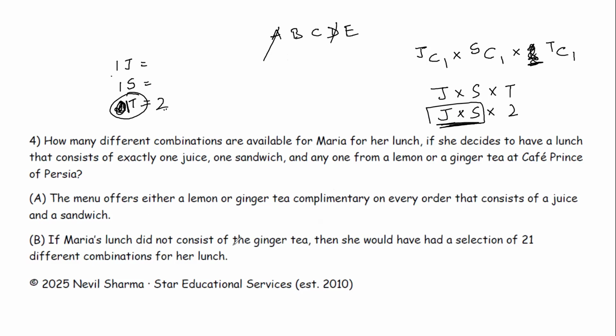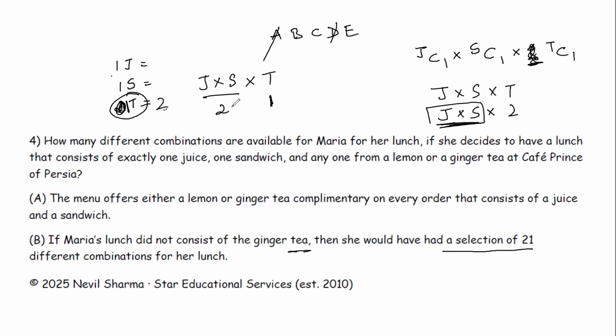If Maria's lunch did not consist of the ginger tea, then she would have had a selection of 21 different combinations for a lunch. So they're saying that J into S is equal to 21, J into S into tea, where no ginger tea, so lemon tea, so that's 1.